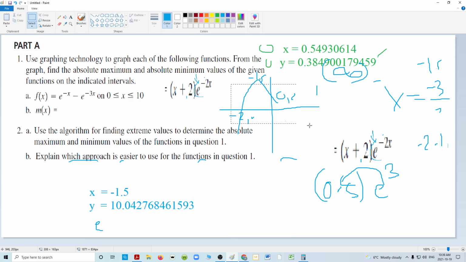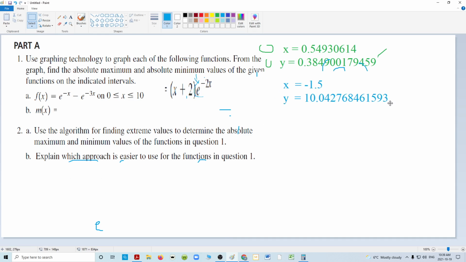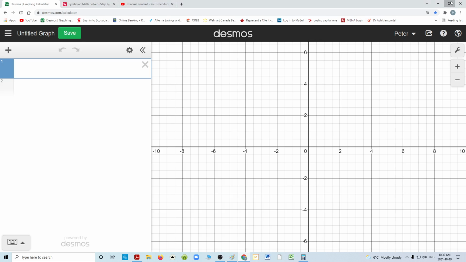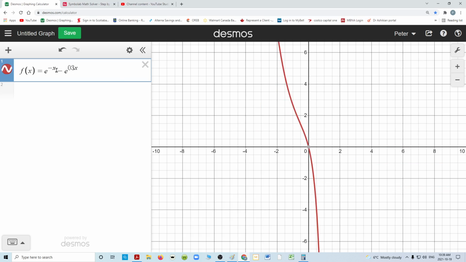Let's see if we were right. So the first one, f of x, is equal to e to the power of negative x minus e to the power of negative 3x. Is that one?